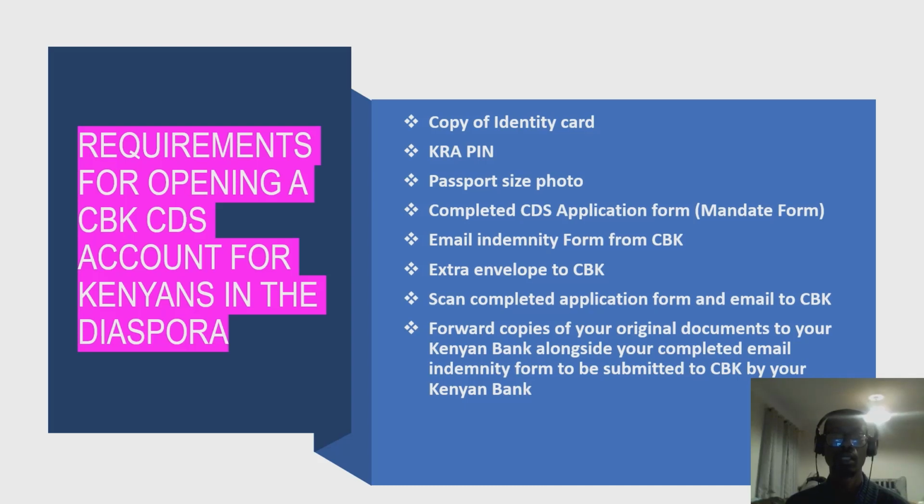You'll then need to scan your completed application form and email it to the CBK. Finally, you'll have to forward all the copies of your original documents to your Kenyan bank alongside your completed email indemnity form.